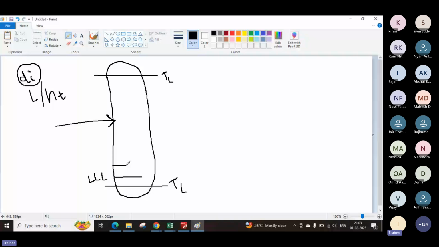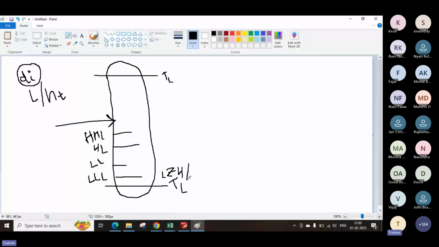Then there is a high liquid level, and then above that there is a high-high liquid level. Some companies call it LZH as well, or directly LLL.